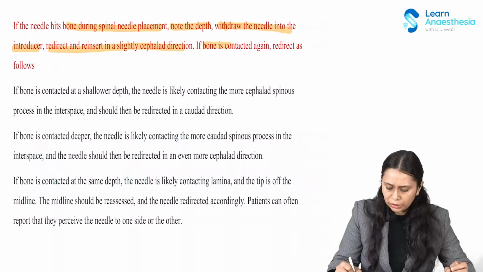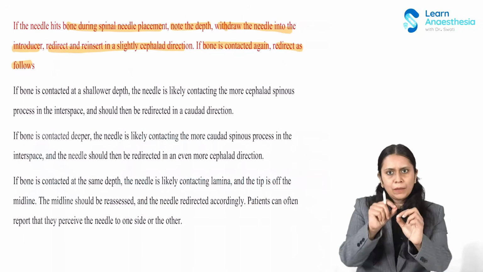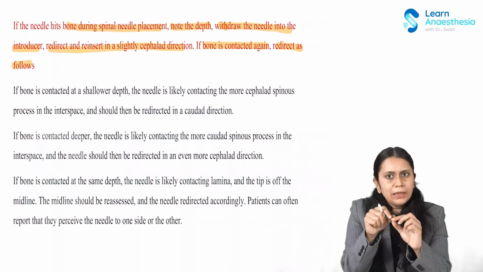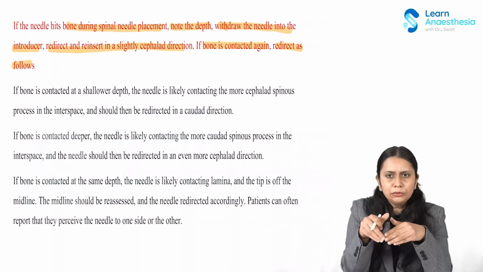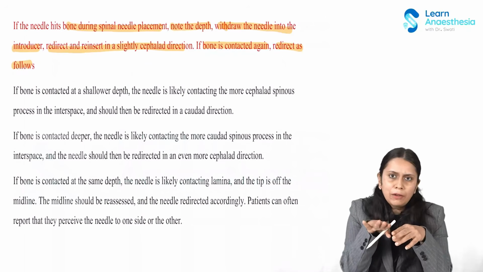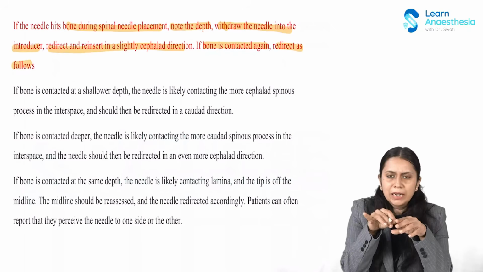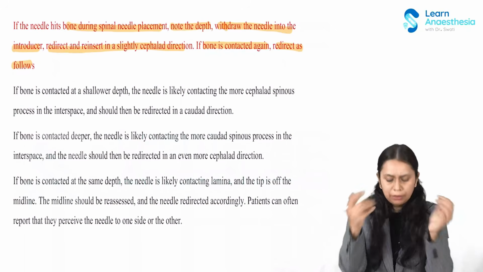If the bone is contacted again, then redirect as I will tell you. Initially, when going perpendicular I encounter bone, I withdraw the needle to the skin or into the introducer, and then with a little fine tuning in a cephalad direction, I will again let my needle go. If I again encounter bone, then what should we do?